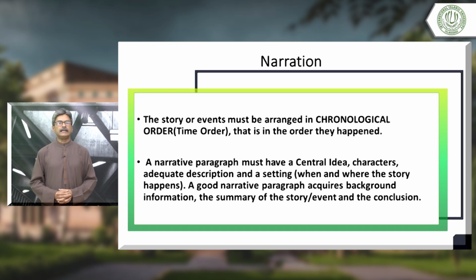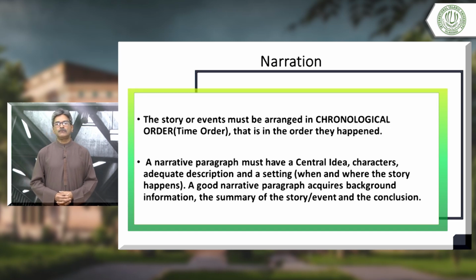First is narration or narrative paragraphs. What are narrative paragraphs? These paragraphs tell a story or an event. Whenever you tell a story or tell certain incident, so you are narrating.